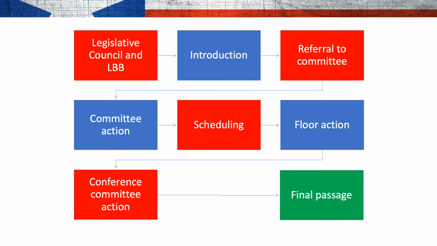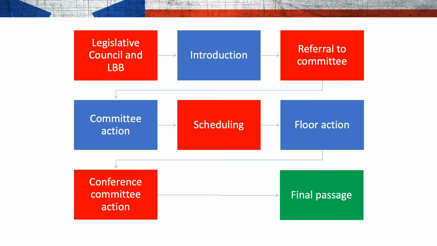So we're going to talk about how a bill becomes a law now. The Legislative Council, or the Legislative Budget Board, will draft and analyze and work out the nuts and bolts of a bill or a budget.